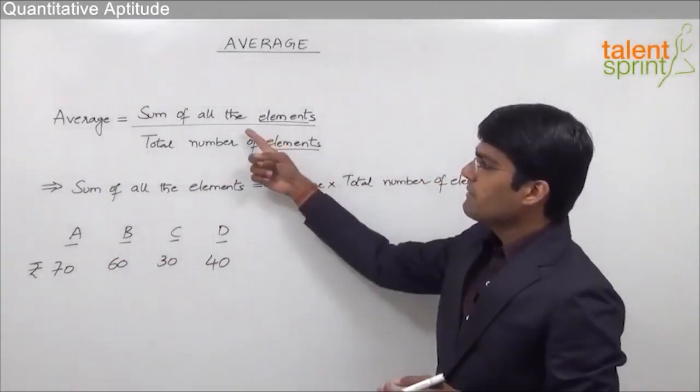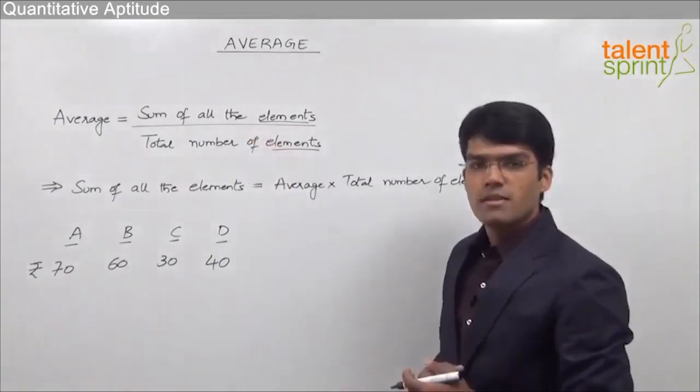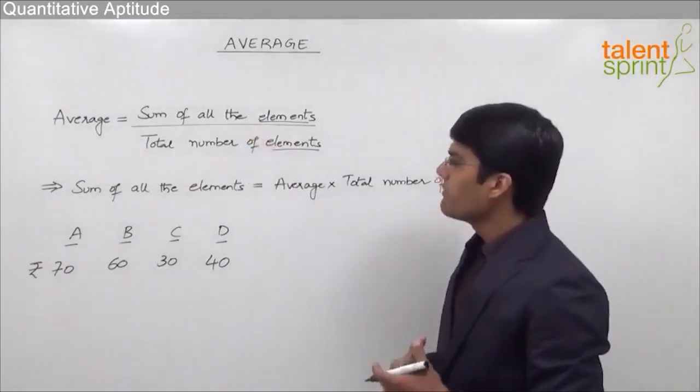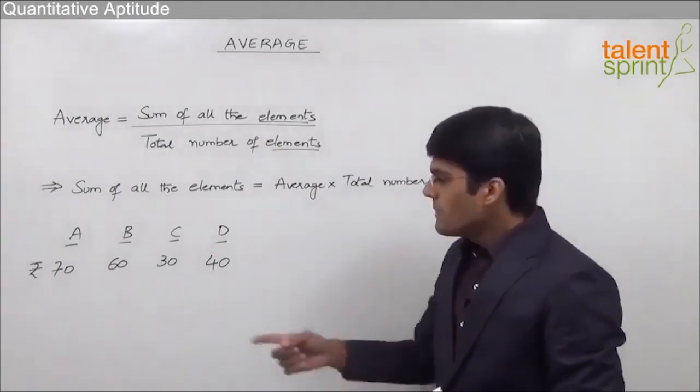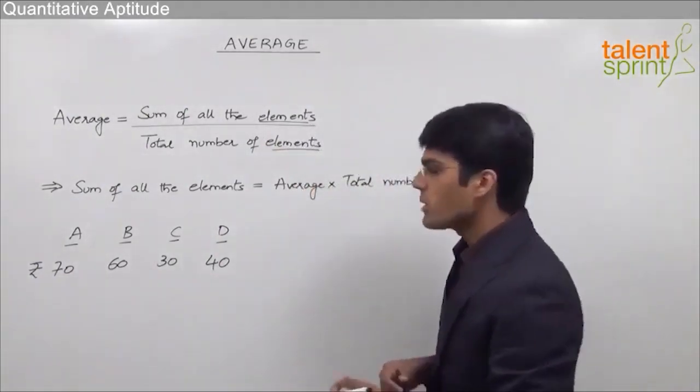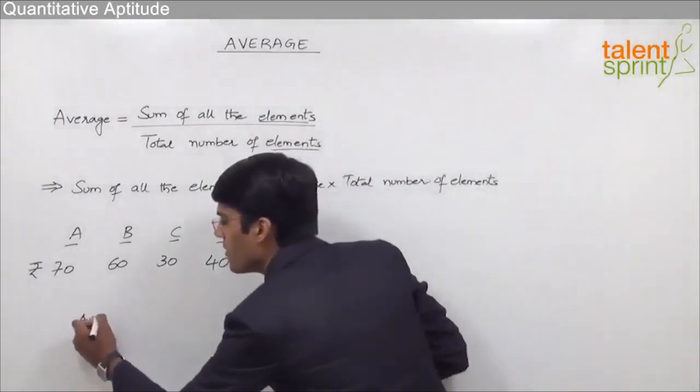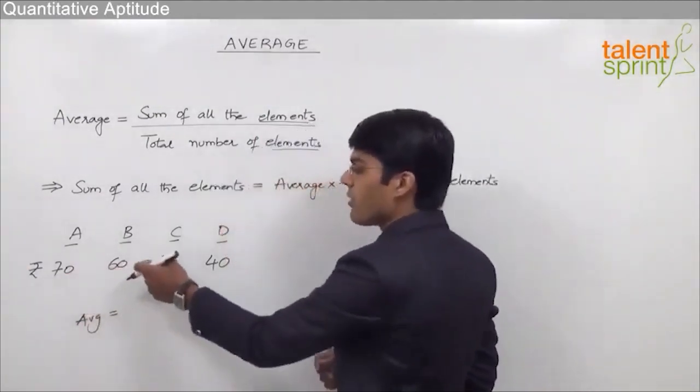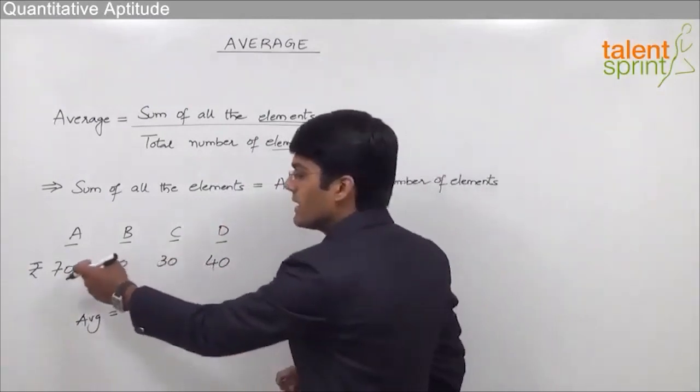As per the definition, we know that average is nothing but the sum of all the elements divided by the total number of elements. Now the element in this case is nothing but the amount with each of these persons. So the average amount should be equal to the sum of all the elements divided by the number of elements.